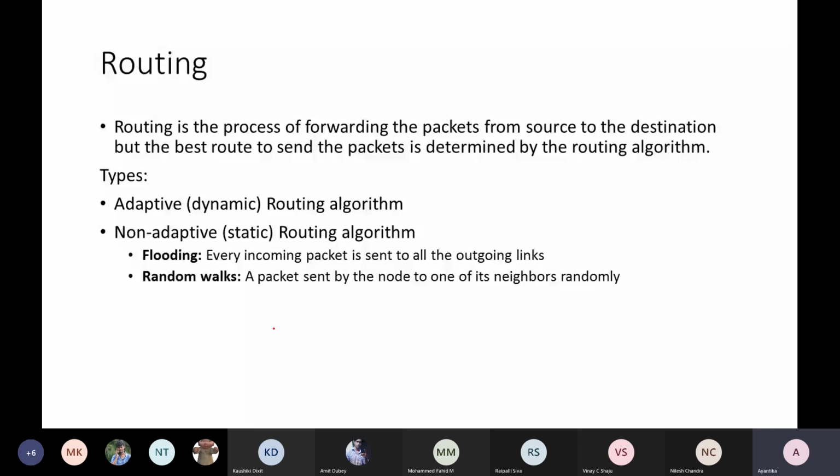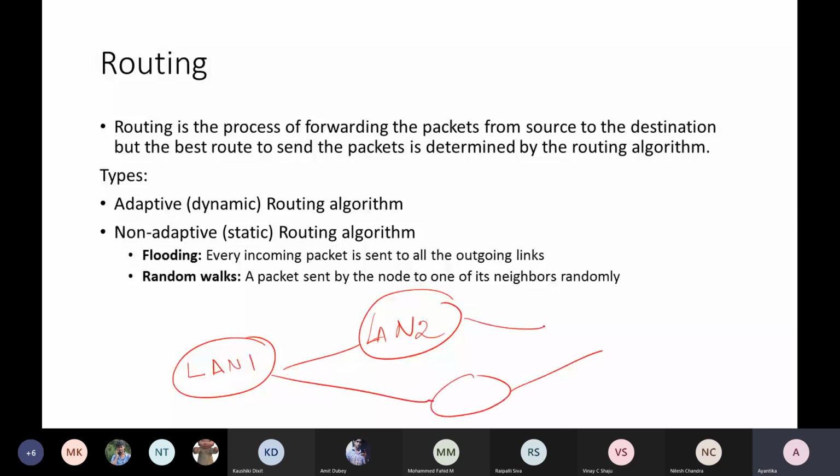Routing means, like your LAN, maybe LAN 1, LAN 2, and so on. These are connected.